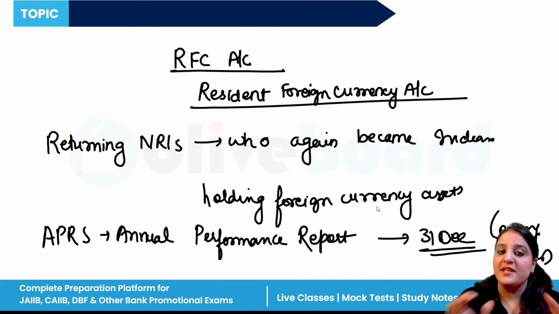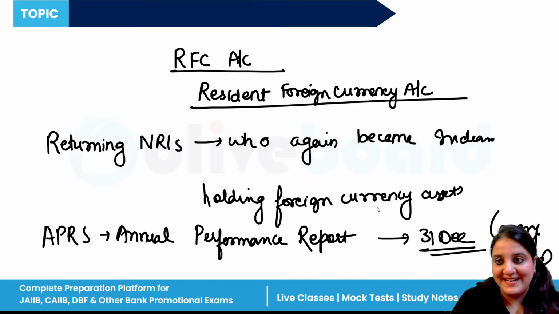It reports the performance of the overseas entity where the investment is made. It also reports profit, turnover, net worth, everything, right? So that is the meaning of APR.